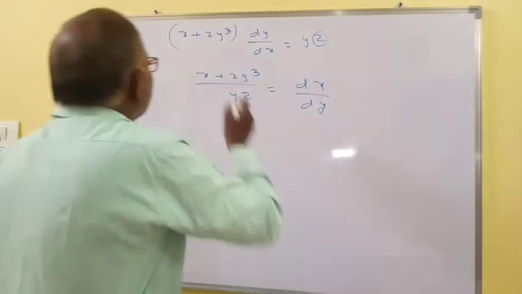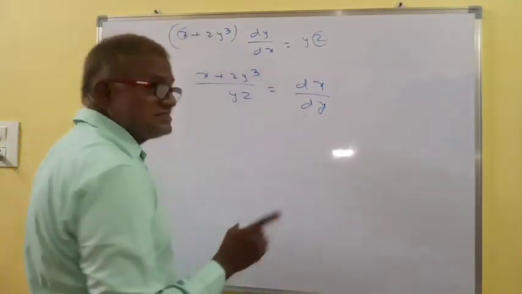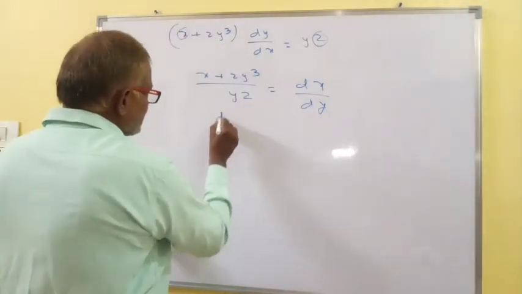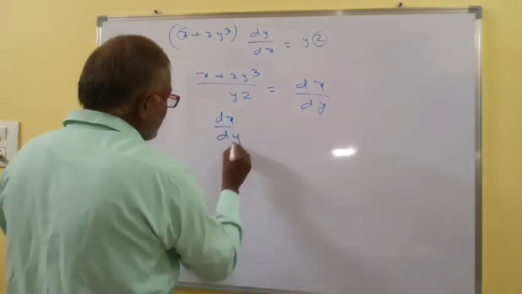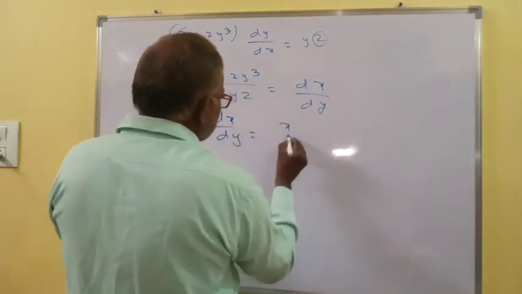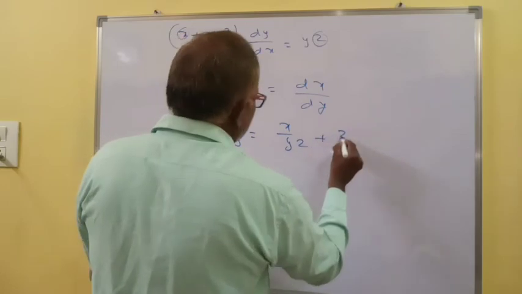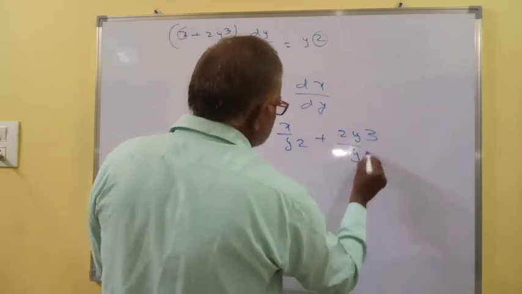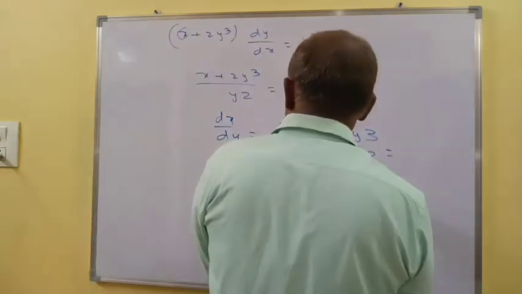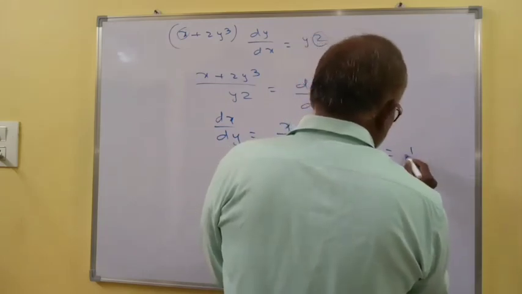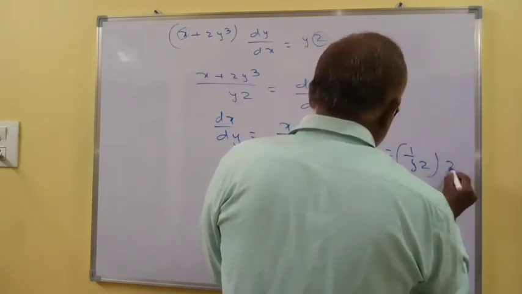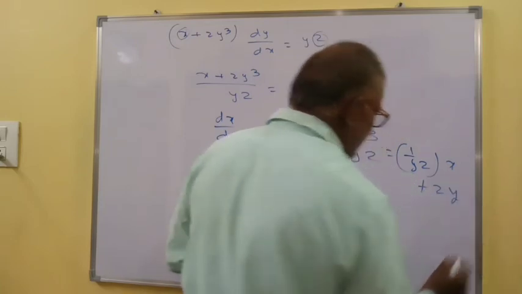That's why the power of x is 1 only. So dx by dy is equal to x by y square plus 2y cube by y square. That means 1 by y square into x plus 2y only.